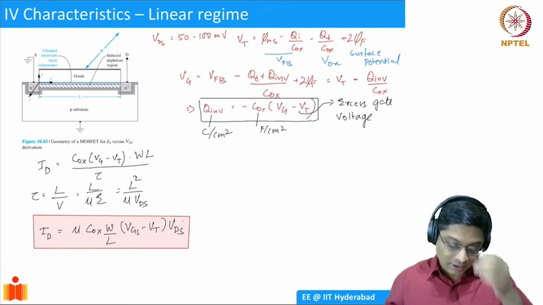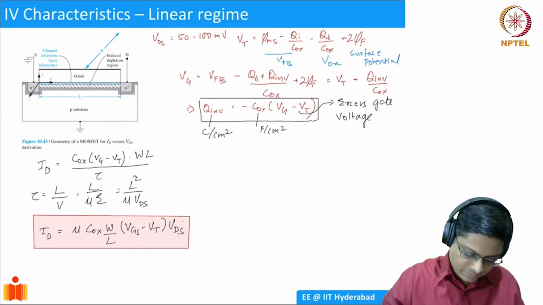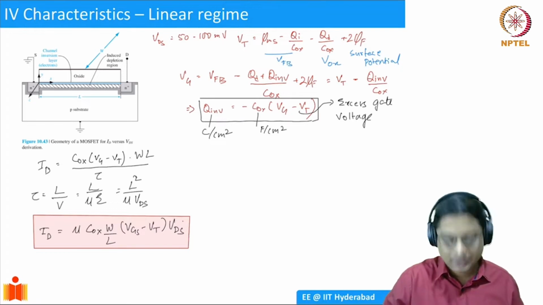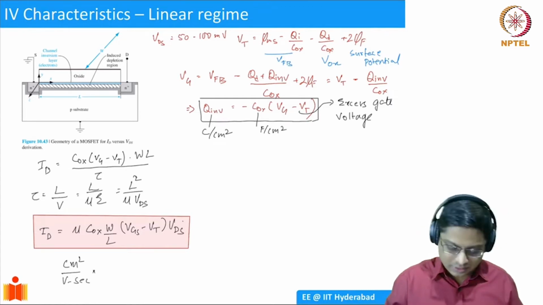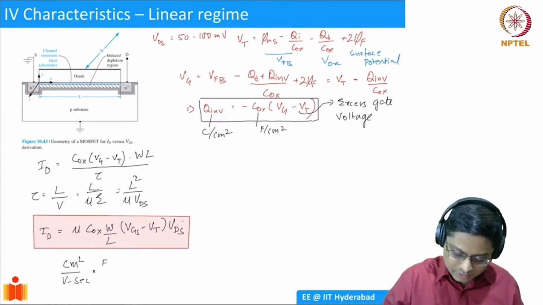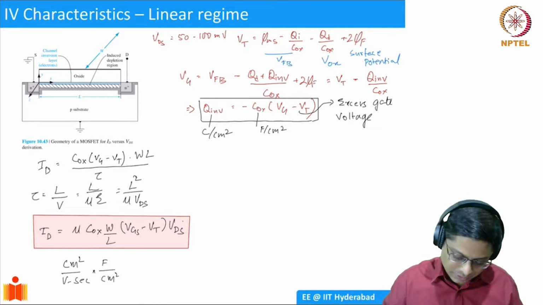Is it dimensionally correct? Let's check it out. What should be mu? Mu is mobility, which is simply centimeter square per volt second. Cox is farads per centimeter square. W and L are length units, so they'll cancel out. You don't need to worry about that.